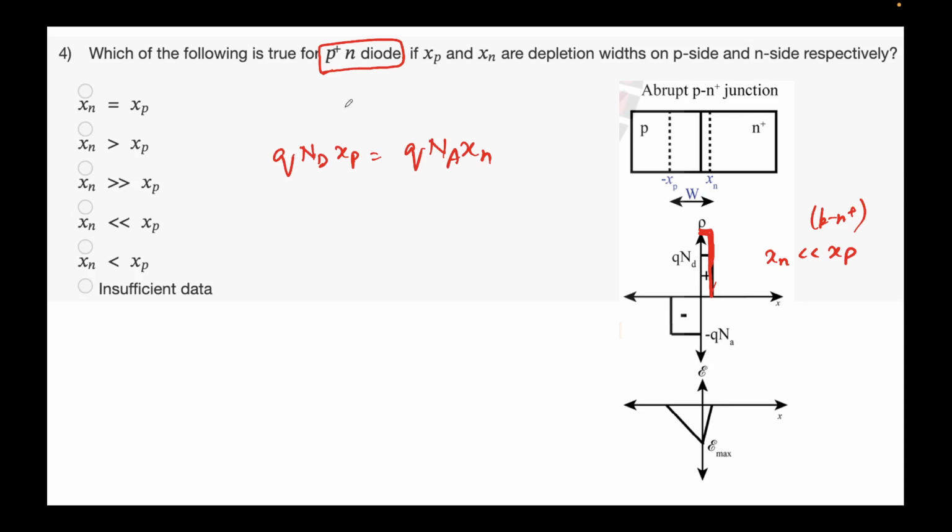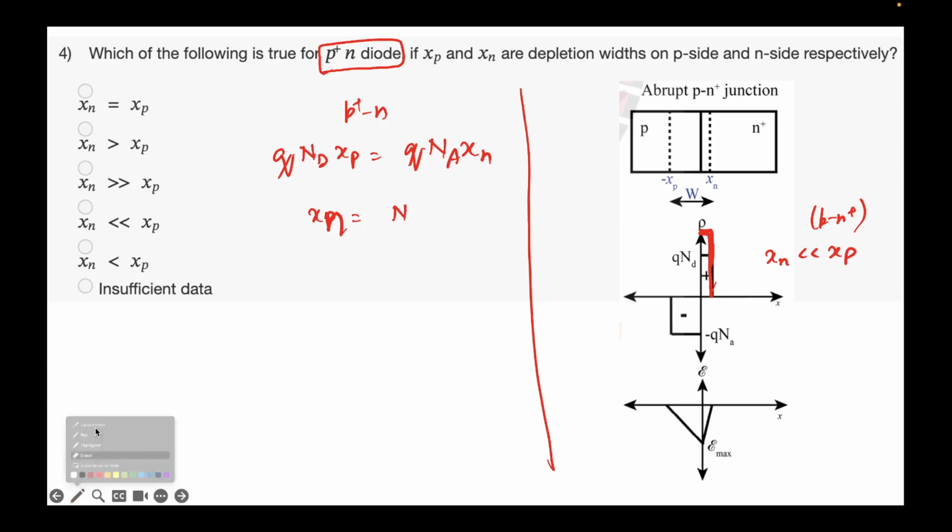When we are here, let's talk about P plus N now. So the analysis here is P plus N. It's different. Q and Q get cancelled. Okay, so I get Xn equal to... Just a second. I think I made a mistake.